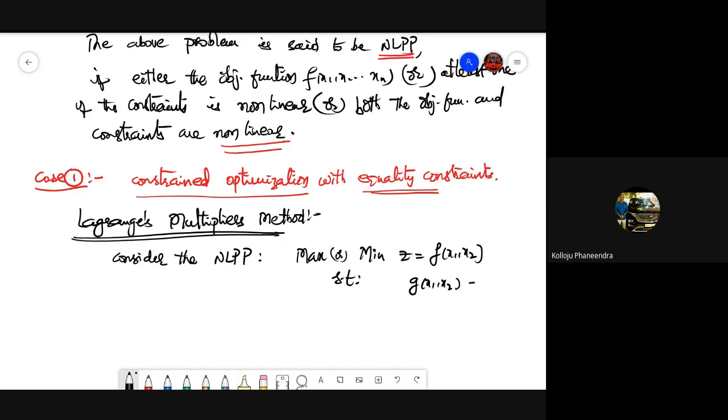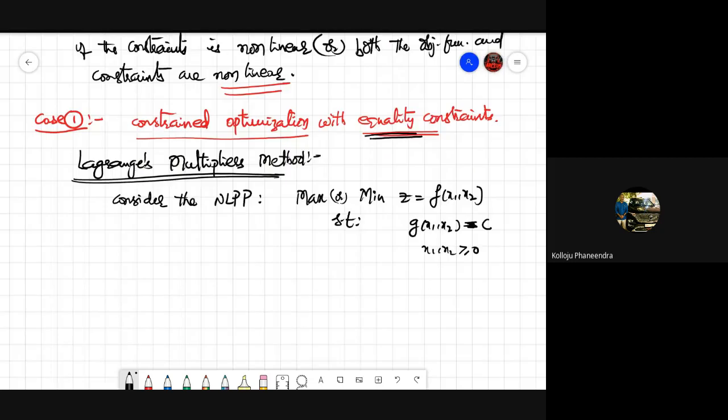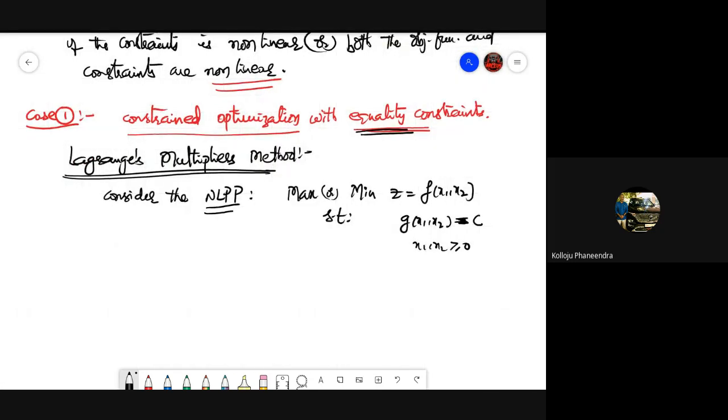g of x1 x2 equal to some constant, which I am taking as c, and the non-negative variables x1, x2 greater than or equal to 0. What type of constraint is this? Case 1, equality constraint. That is why I have considered equal to c. And this is non-linear, meaning either the objective function is non-linear or the constraint is non-linear.